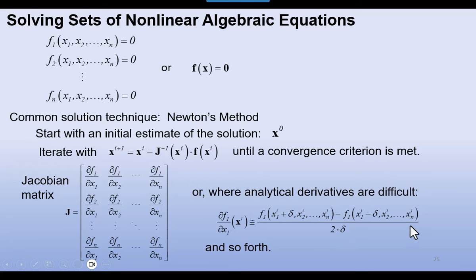This shows one way of doing it here, by perturbing each x by a little bit, delta, up and down, and dividing by 2 delta, and that gives us a numerical estimate of the Jacobian matrix. So if you go into a function that does this in Python that's built in, and you do not supply an analytical Jacobian, it will use an approximate Jacobian to carry out this particular formula. Okay?